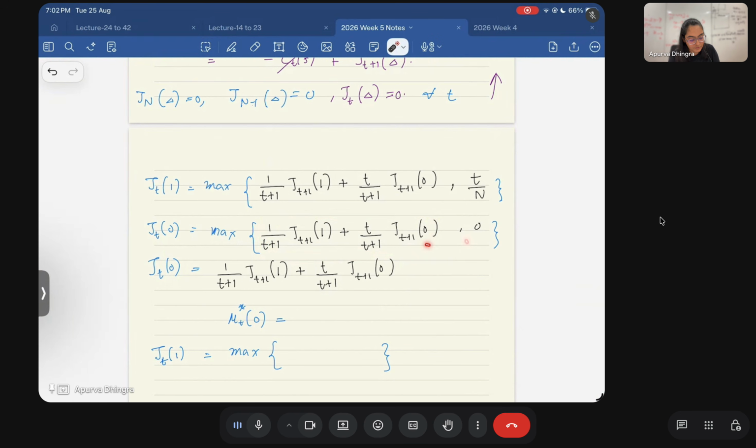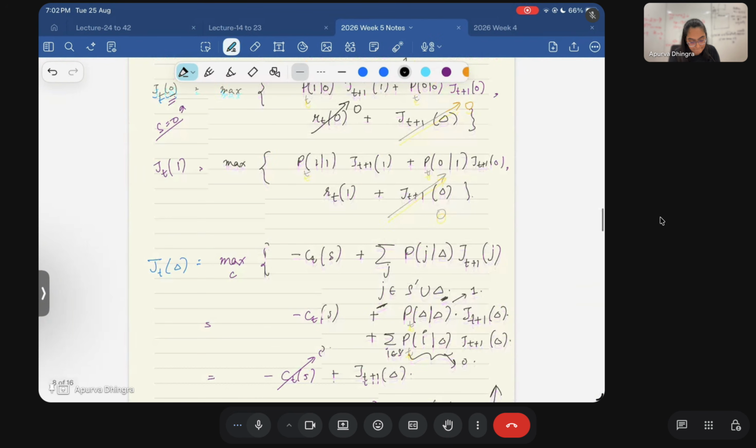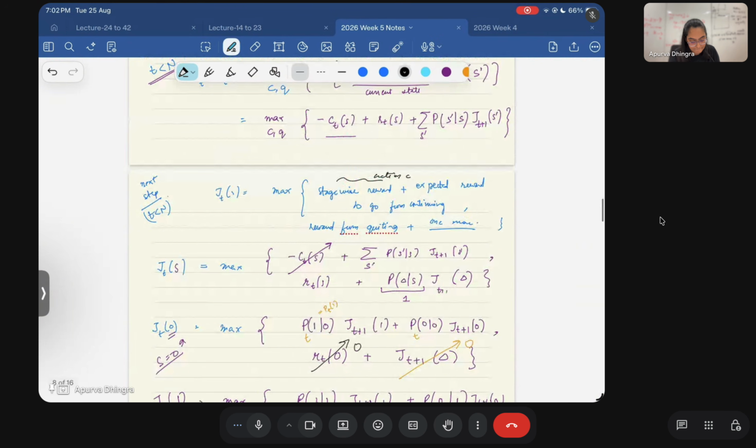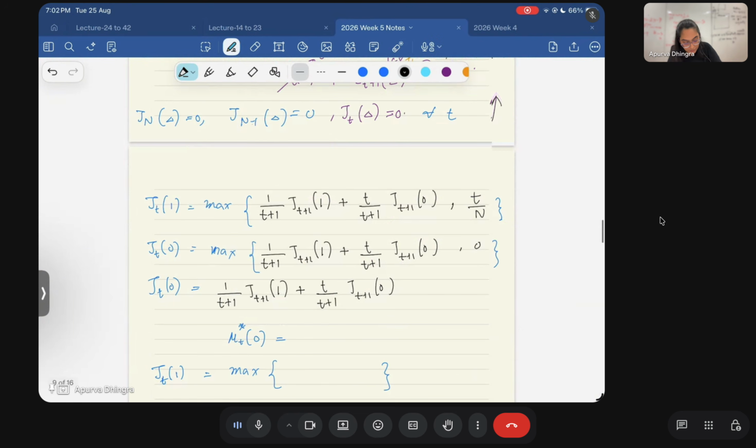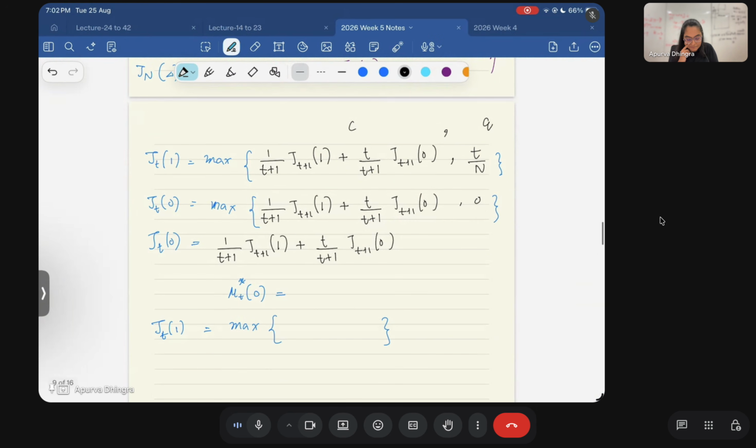If both of them are 0, then you can choose either action, it's fine. But if this is greater, then this is the one that you should be choosing, and that's what this means. Which in return means this is the action for continuing, this is the action for quitting. Which means it's better to continue if the candidate that you see is not the best so far at any time step.